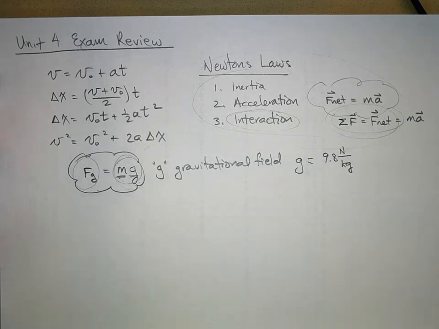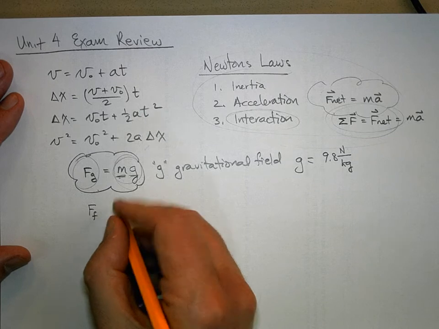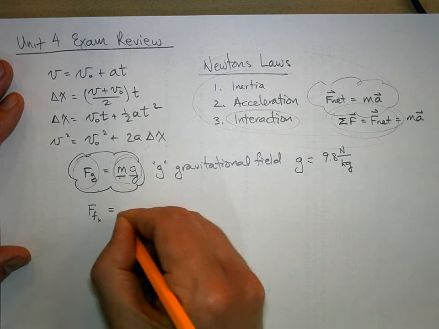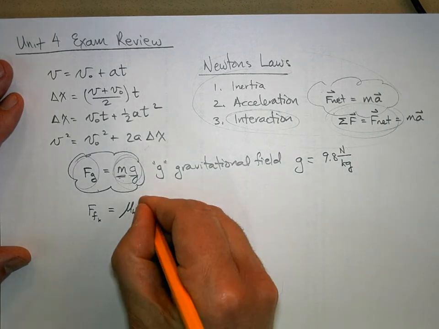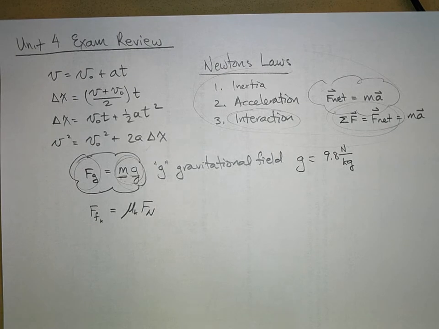Then we drag things across the floor, or across your tabletops actually, and we came up with an expression for the force of friction. The force of friction, if it's kinetic friction, will be equal to the kinetic coefficient of friction times the normal force. Okay?